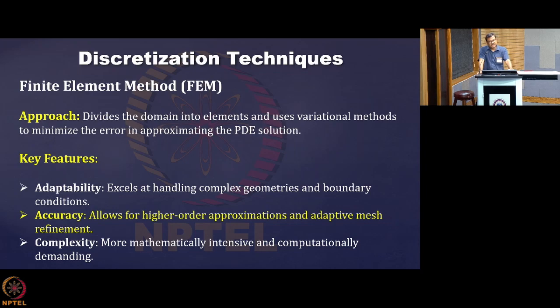So what you do first, you choose the computational domain, then you discretize the domain either in volumes or elements, then you use either the finite difference method, finite volume method, or finite element method to solve those discretized equations.